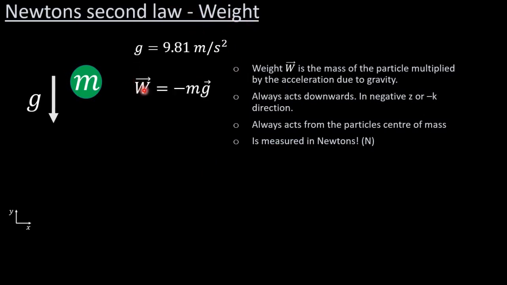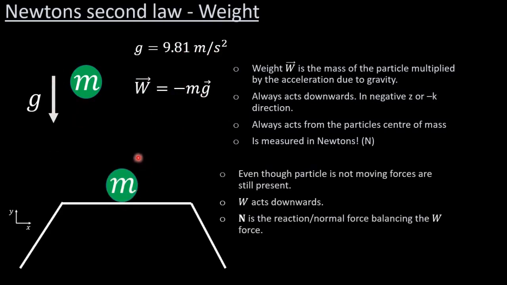So the weight is minus m times g, and we have that minus because it's acting in the negative y direction. g is 9.81 meters per second squared on the surface of the Earth. So the weight is minus the mass times the acceleration due to gravity, and it's always acting downwards.